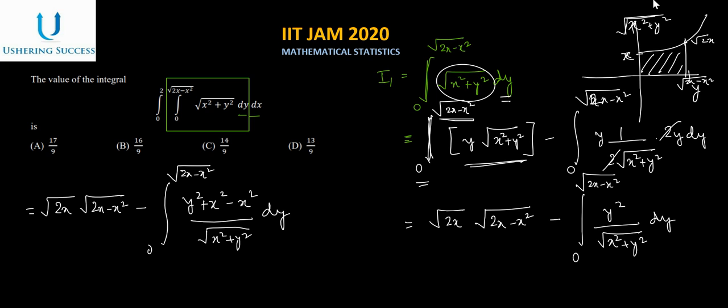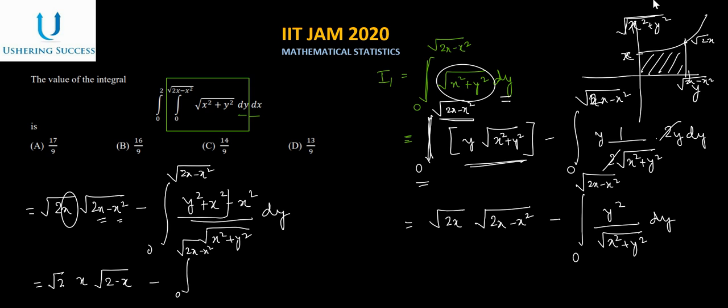So this reduces to root 2. We have one root x here and we can bring one root x out of this bracket. So root 2x into root over 2 minus x, minus integral of 0 to root over 2x minus x square.